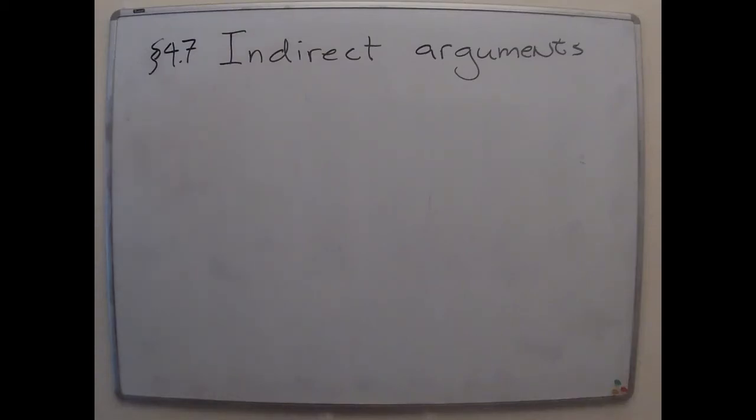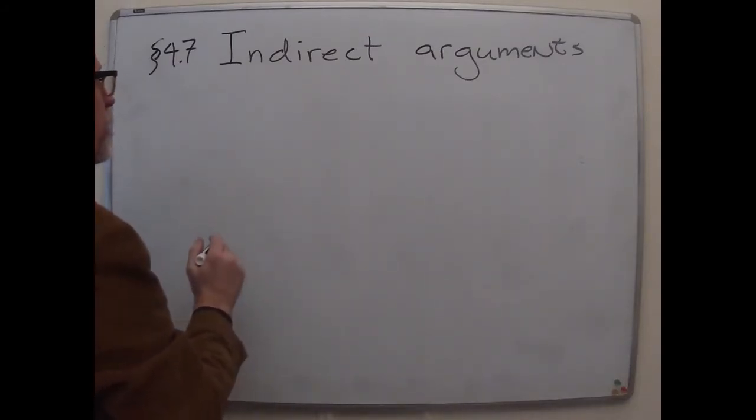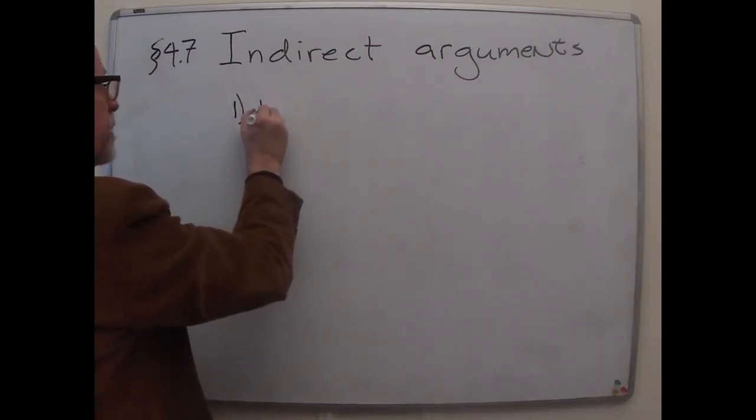So there are two different types of arguments that are known as indirect. They're actually kind of versions of one another, but the way you lay them out seems different, so we sort of distinguish them. The first one is called proof by contrapositive.